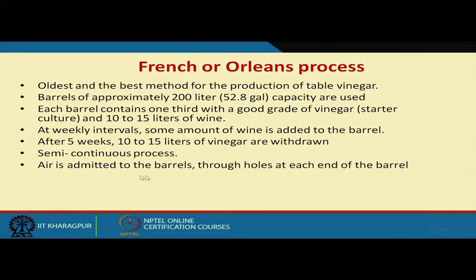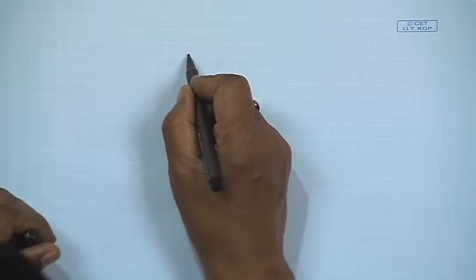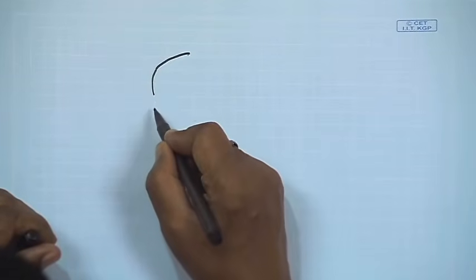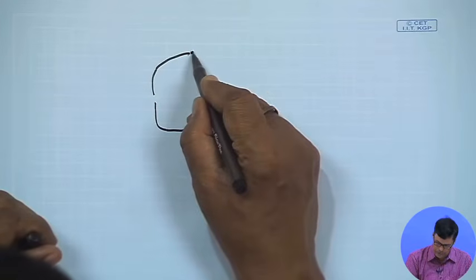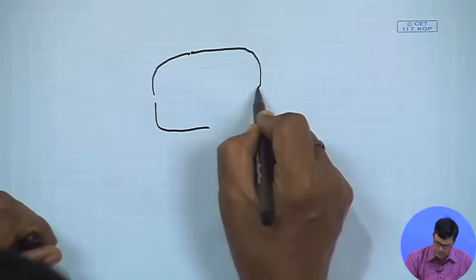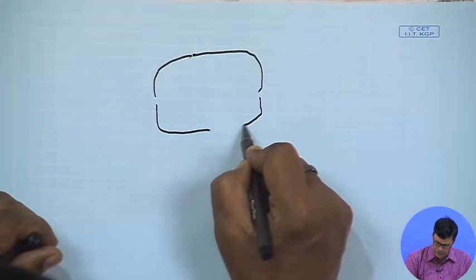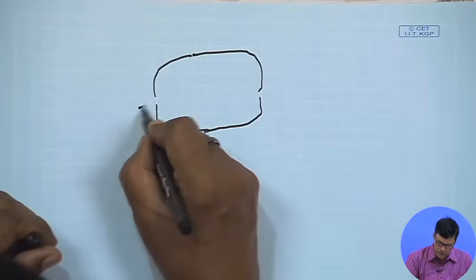Air is admitted at the barrel through the holes at each side of the barrel. I can show you this. It looks like this. This is called the bung hole.